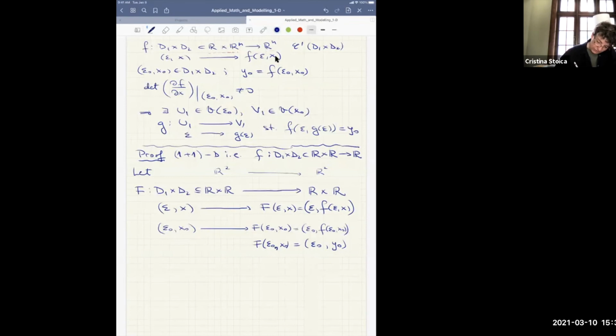And denote F(ε, x), which is (ε, f(ε, x)), to be (ε, u_y). I just need some letters on the other side. Actually u_y would be much better, because I use y₀ for that one.